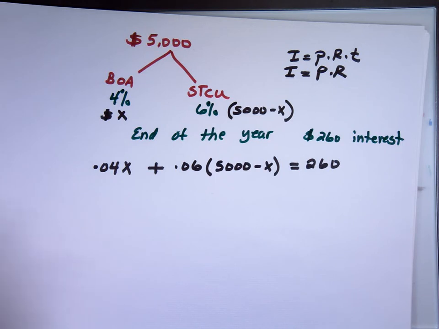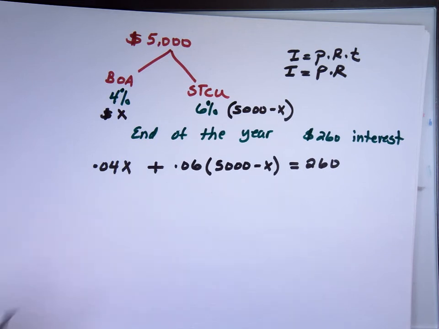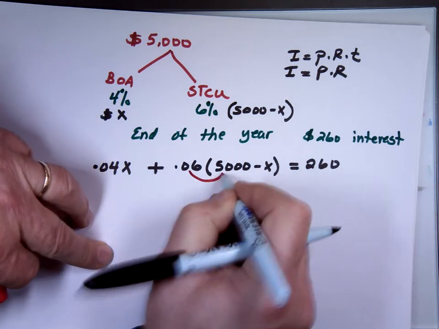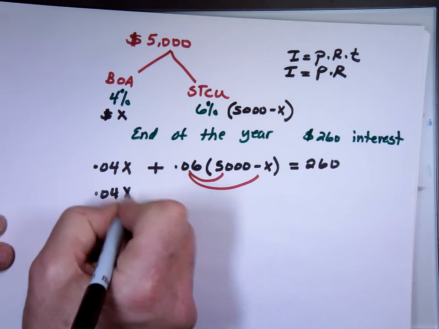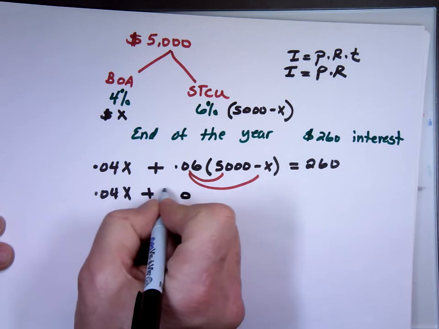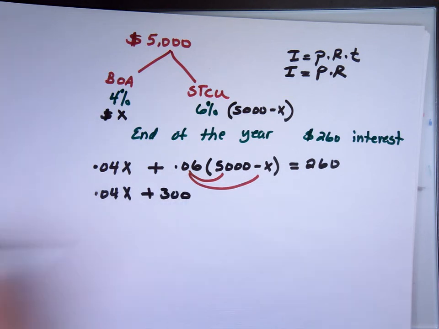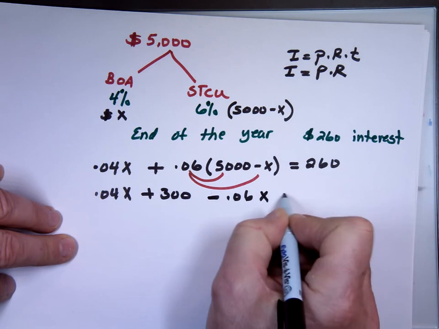How would I solve this one now? I can distribute that through. 0.06 times 5,000 is 300. So 0.04x plus 300 minus 0.06x equals 260.